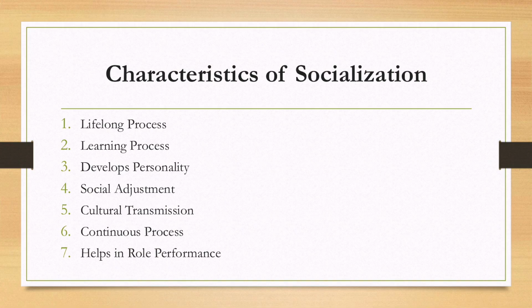It keeps occurring as society and individuals change over time. And the next one is that it helps in role performance. It teaches people how to perform their social roles properly in the society. So these are the characteristics of socialization.